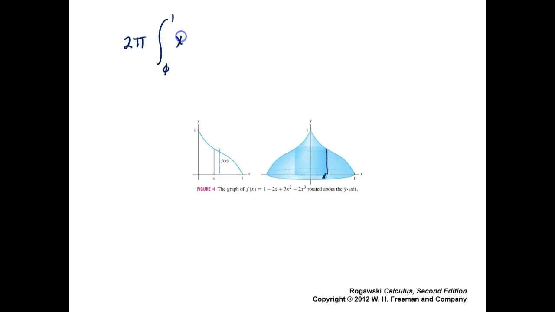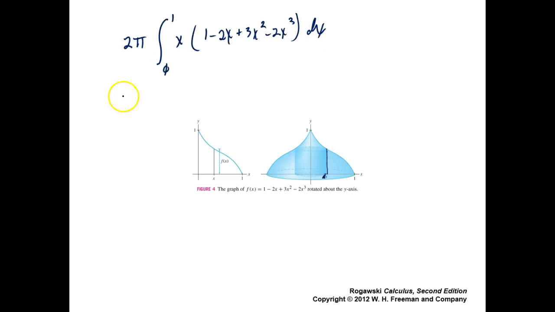X, exactly. The function, which is 1 minus 2x plus 3x squared minus 2x cubed, times dx. That's the thickness, finally.